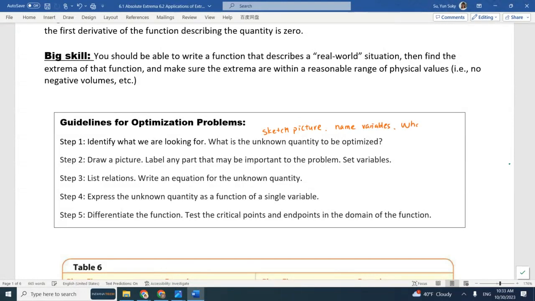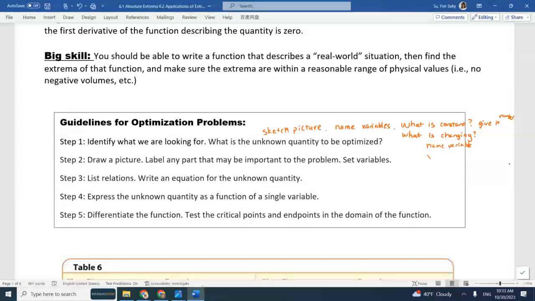Ask yourself, what is constant and what is changing? If it's constant, it does not change, so don't set a variable; just put the number there. Variables vary. For the quantity that is changing, we name a variable.